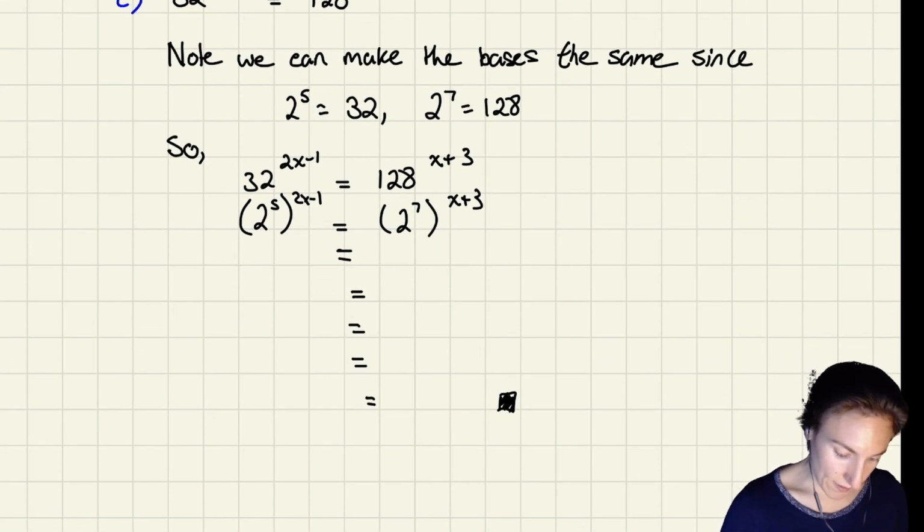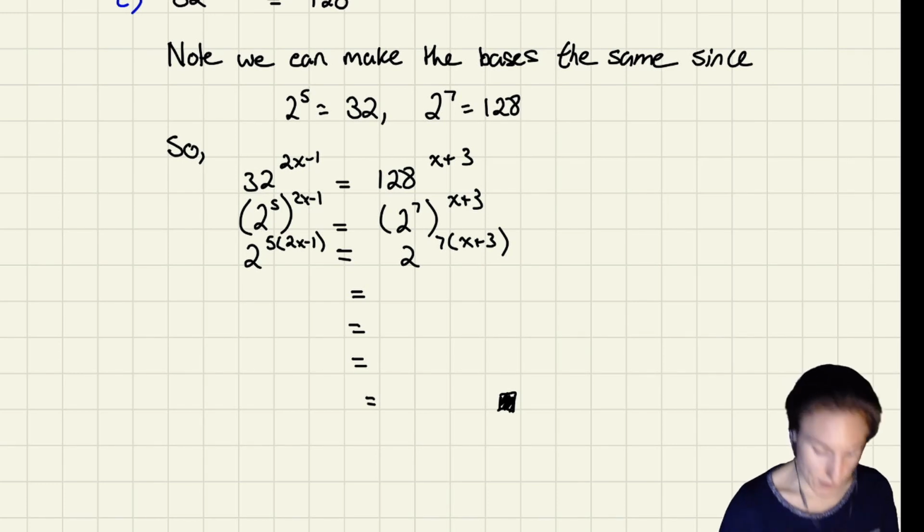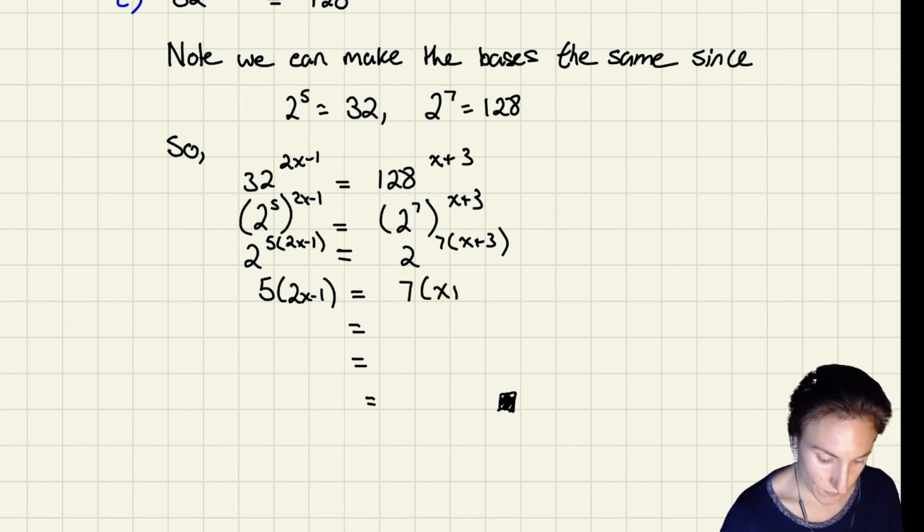What does this mean? This means that I have 2 to the power of 5 times 2x minus 1, and 2 to the power of 7 times x plus 3. Now that my bases are the same, we don't have to write them. We can just write out the exponents like this.